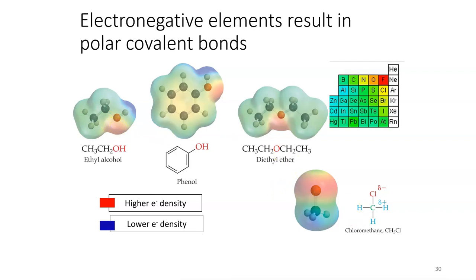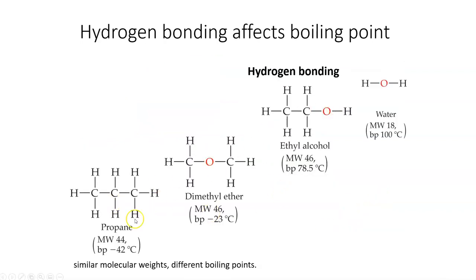And here we can see that if we look at these different functional groups, if we have just a normal propane with similar molecular weights for all of these between these 3, we have propane that has a boiling point of negative 42 degrees Celsius. We add that oxygen in there to give it the dipole interactions, and we go up to 23, and then we make it an alcohol. Then we have the boiling point at 78.5 degrees Celsius. So a substantial increase by allowing for dipole-dipole and hydrogen bonding.